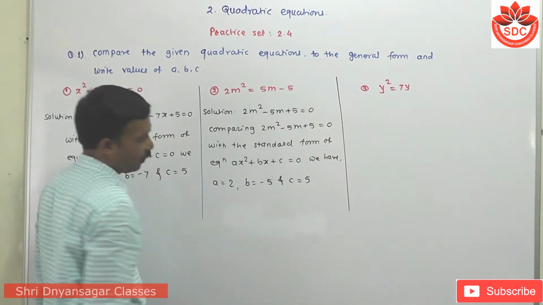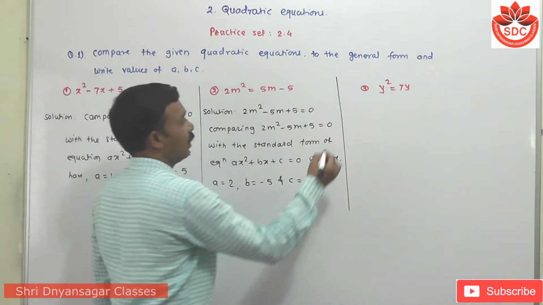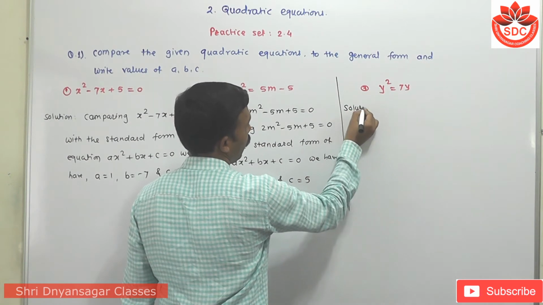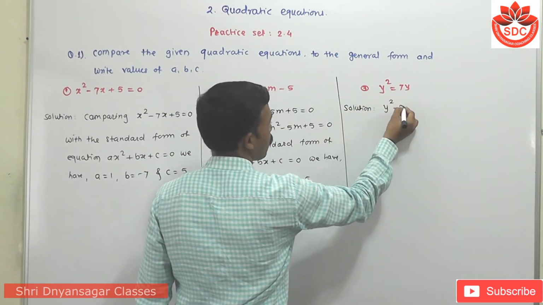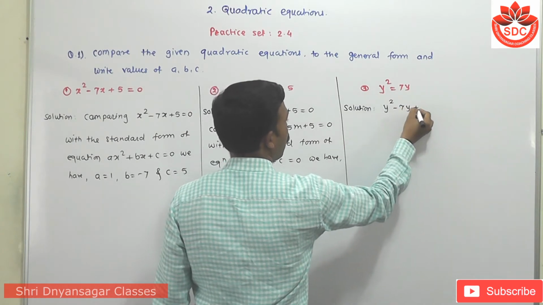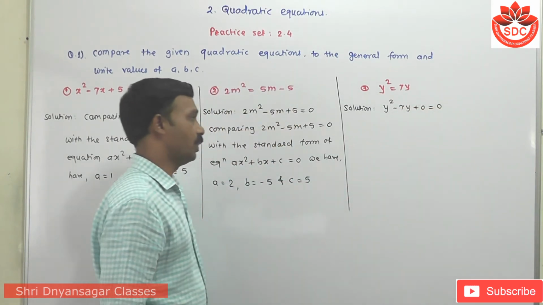Okay, then we take the third one. Now its solution. So simple examples. Here is y square, this 7 transposed, y square minus 7y plus 0 is equal to 0.